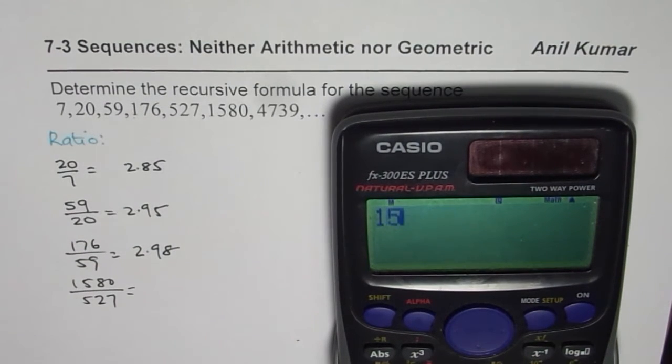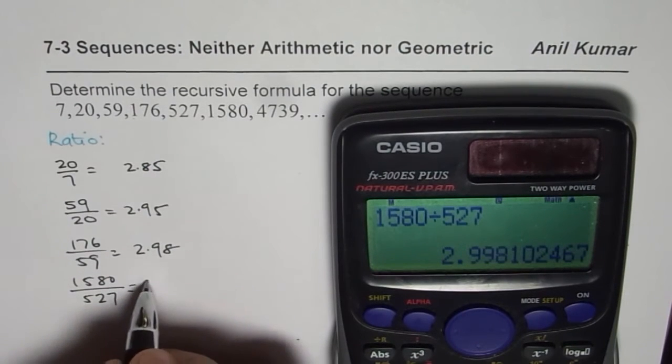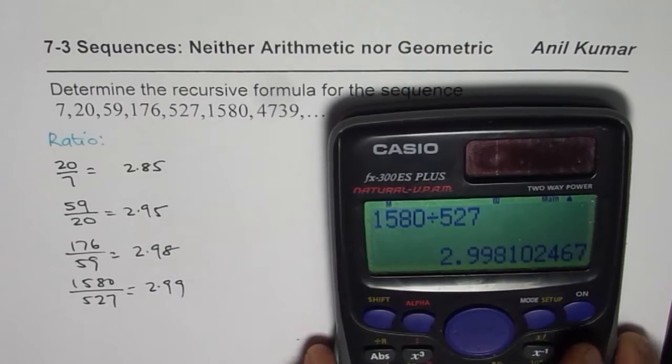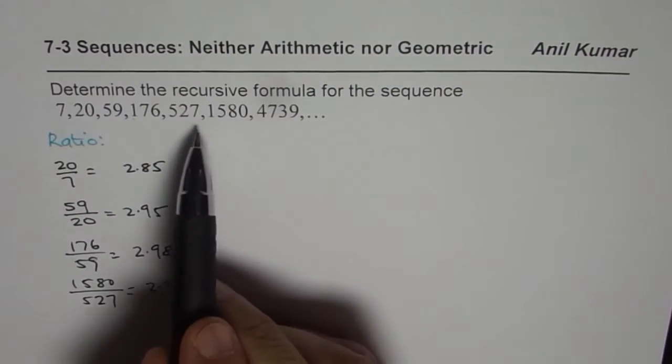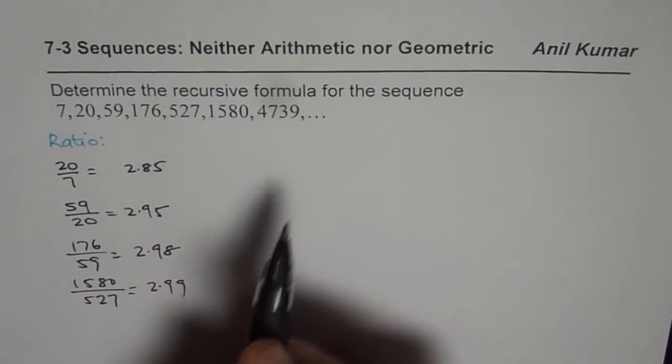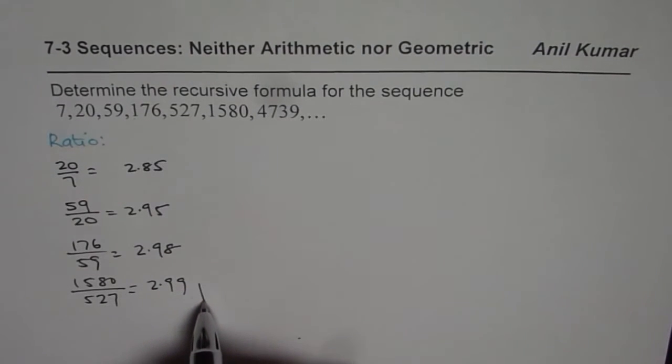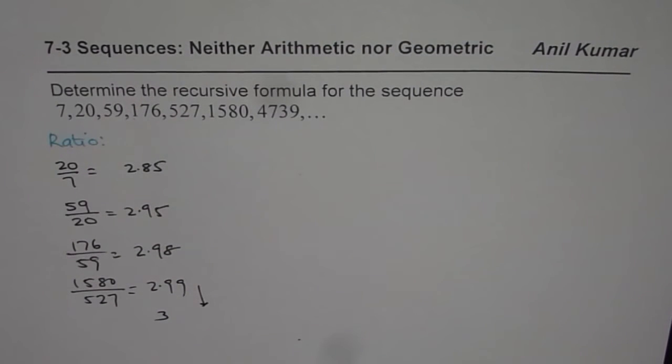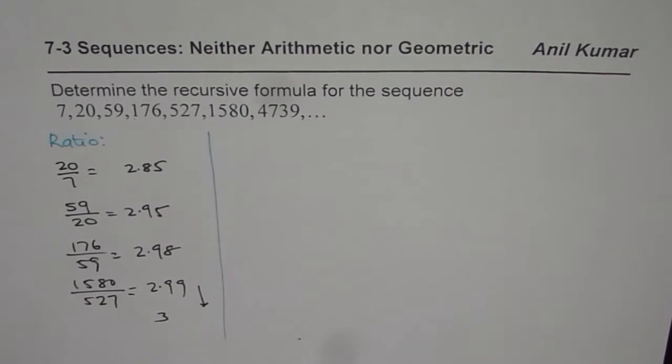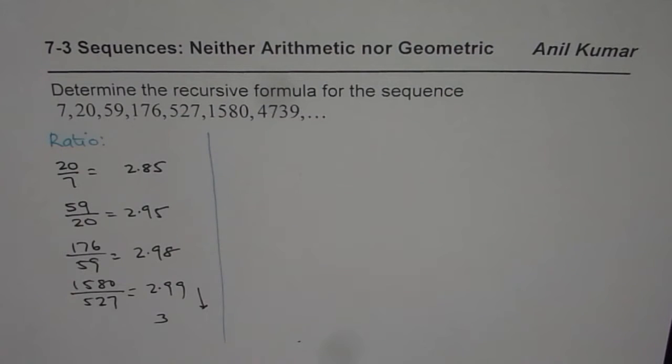And then 1580 divided by 527 is in decimal 2.99. So what you see here is that as this series progresses, our ratio is closer and closer to 3. Do you see that? That gives us an indication that times 3 is there in the relation. So we will assume that times 3 is a factor.